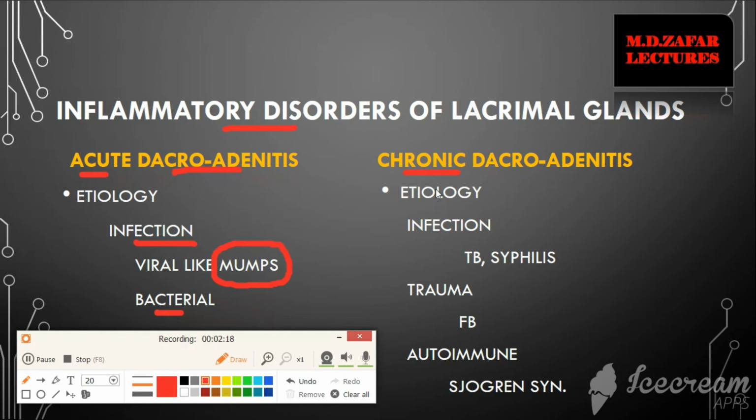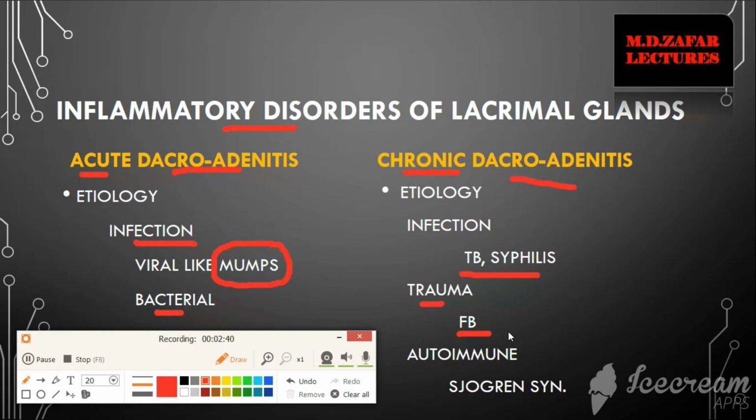Talking about the chronic inflammatory disorder of the lacrimal gland, it is also associated with chronic infections like TB and syphilis, which remain for a longer period of time in the body, and then disseminate to different regions of the body, and one of them in case of TB being the lacrimal glands. Then trauma, like by a foreign body.